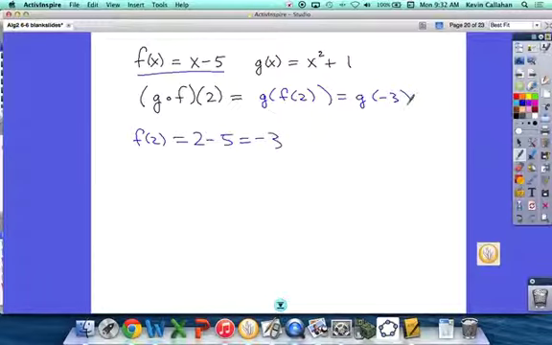And then now use this function right here. If g of x equals x squared plus 1, how do you find g of negative 3? You plug in negative 3 here, right? Negative 3 squared plus 1, which is 9 plus 1, which is 10.